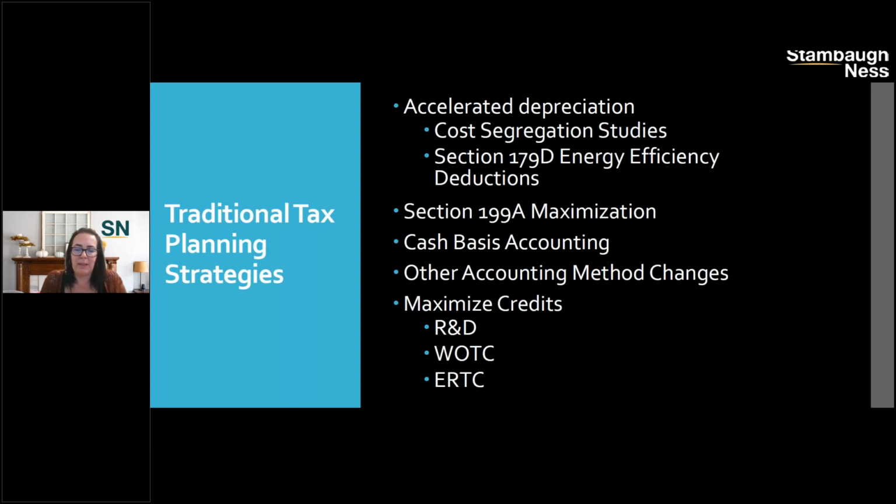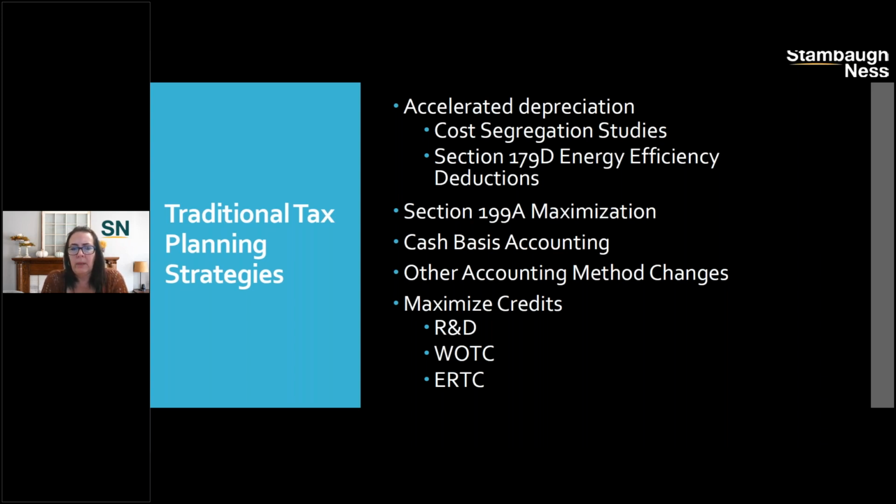So again, that goes back to my prior page, where if you're a cash basis taxpayer, you're deferring income out, you're paying out as much as you can, and you're really looking at that cash balance to see where you are at year end as far as taxable income is concerned. There are some other accounting method changes for tax purposes that we can utilize as well, and those are pretty straightforward and typically used with accrual basis taxpayers.